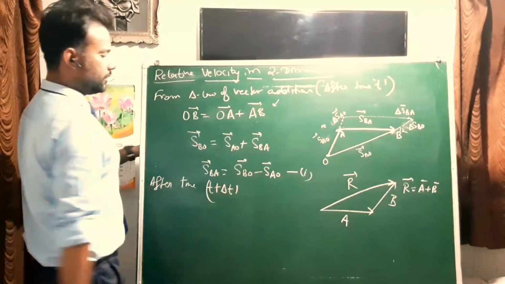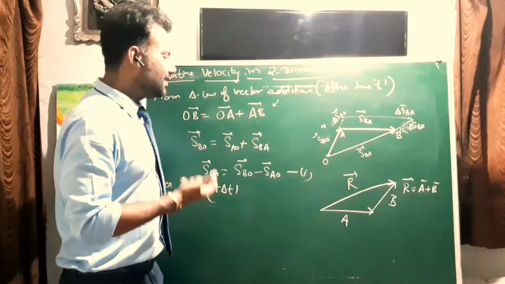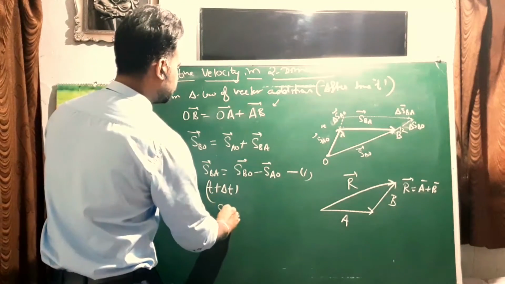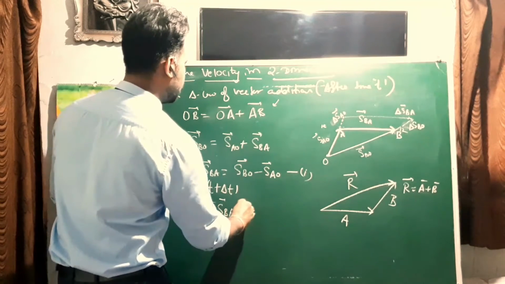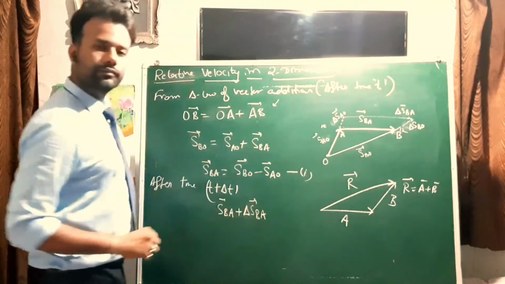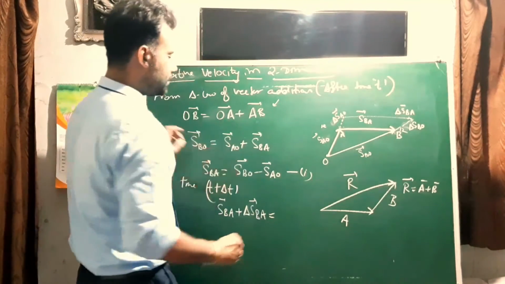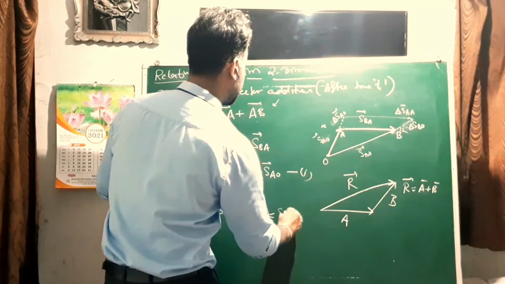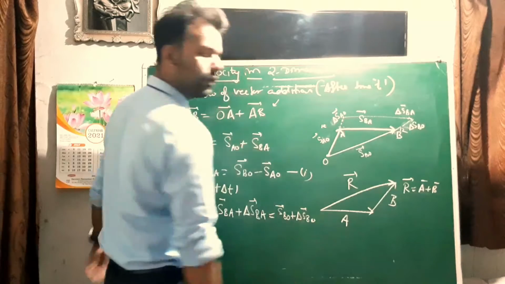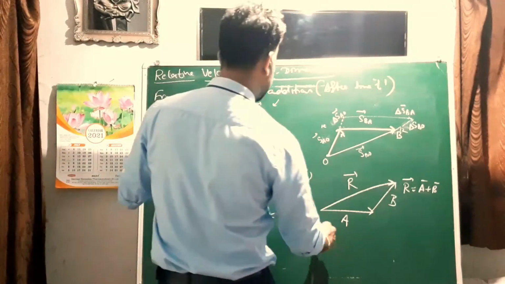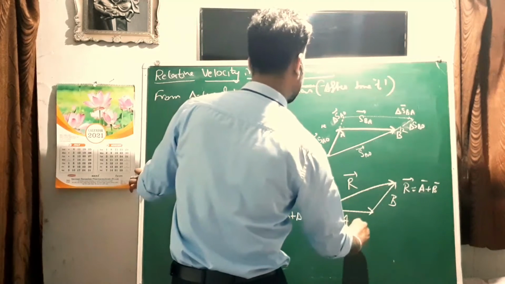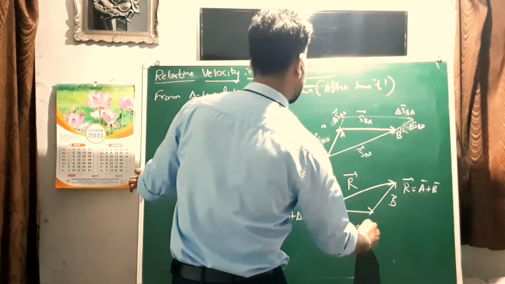So in this portion the distance is increased by the factor del. So SBA will become SBA plus del SBA, equal to SBO becomes SBO plus del SBO, and SAO becomes SAO plus del SAO.